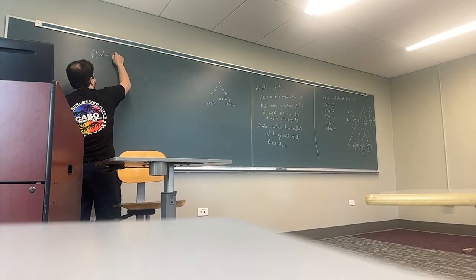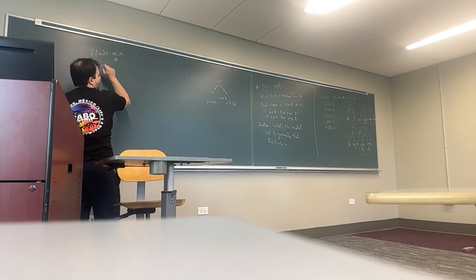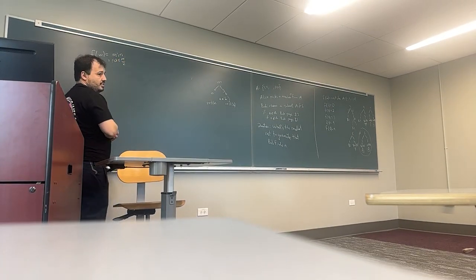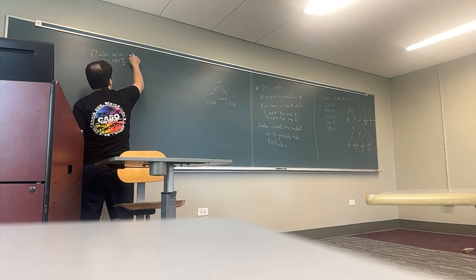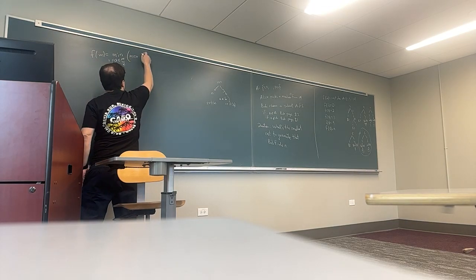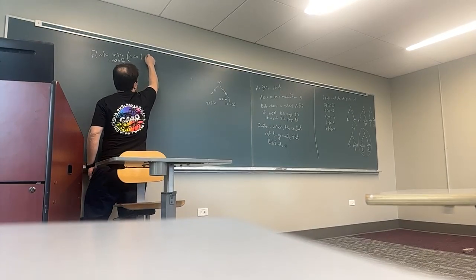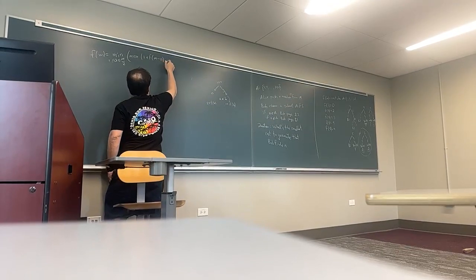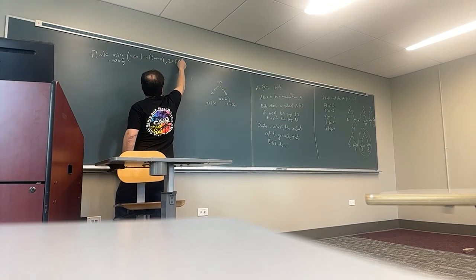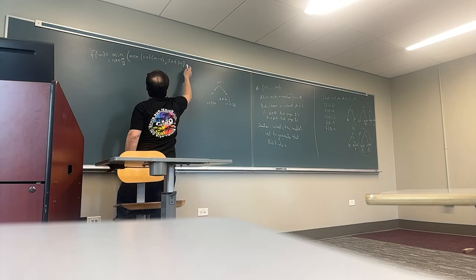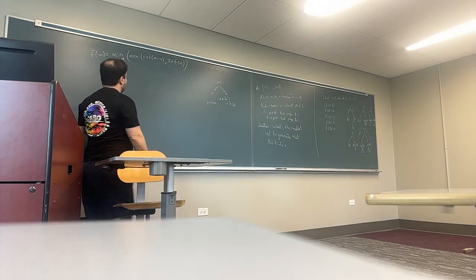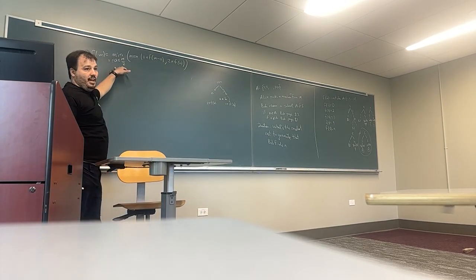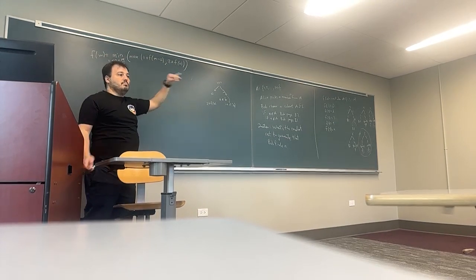So for all a's between 1 and m over 2, you test the maximum of 1 plus f of m minus a and 2 plus f of a. So you compute the max of these two for each value of a, and then among all those values you compute the minimum.